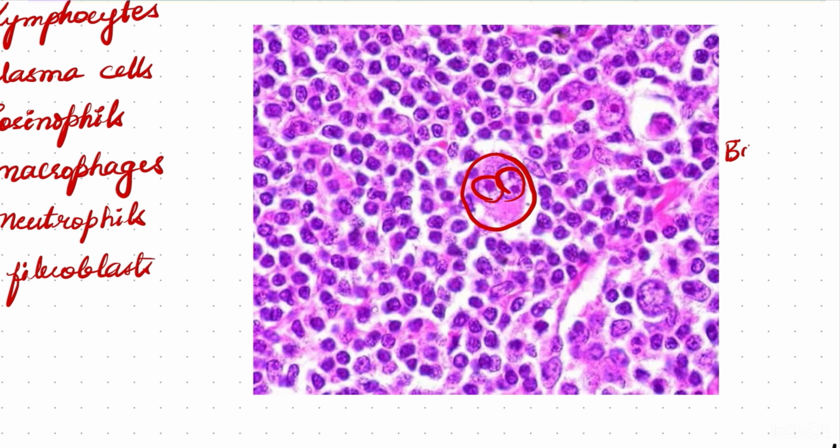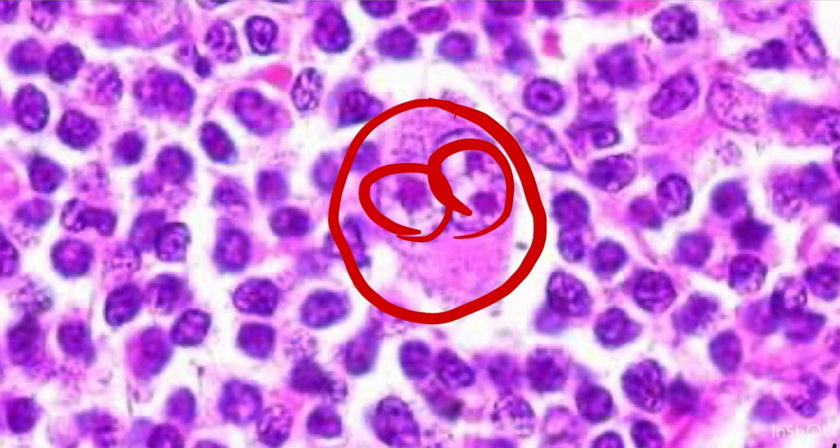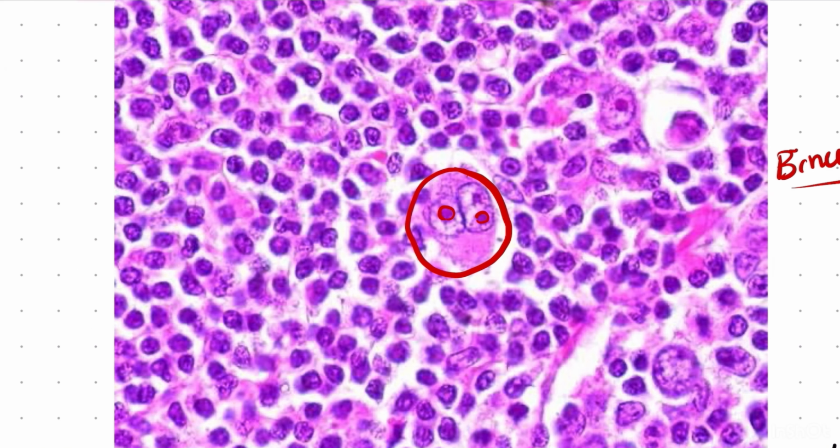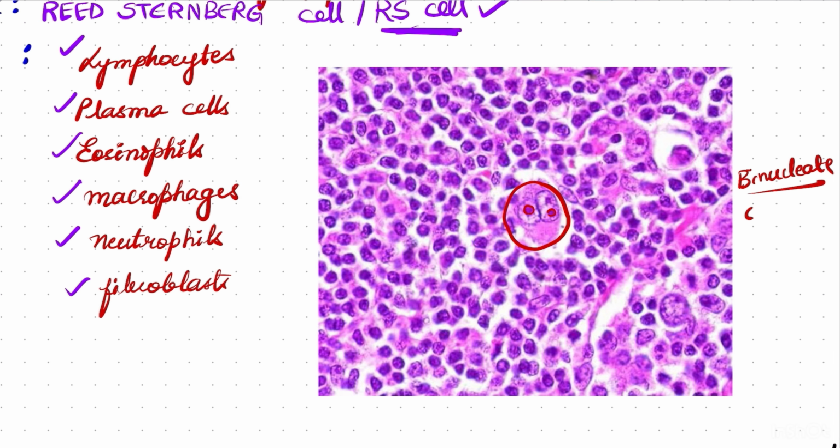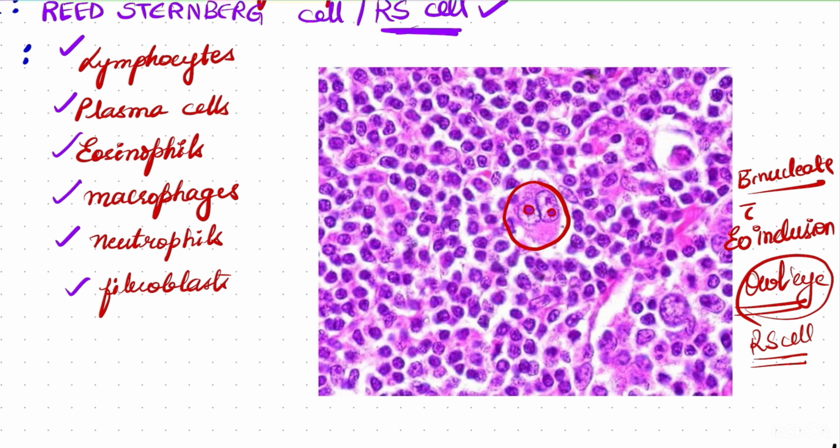So it is a binucleate cell, and inside the nucleus there is an eosinophilic inclusion. Binucleation with eosinophilic inclusion is characteristic of the RS cell, and it appears like an owl's eye. The owl's eye appearance of this RS cell is the diagnostic hallmark of Hodgkin lymphoma.